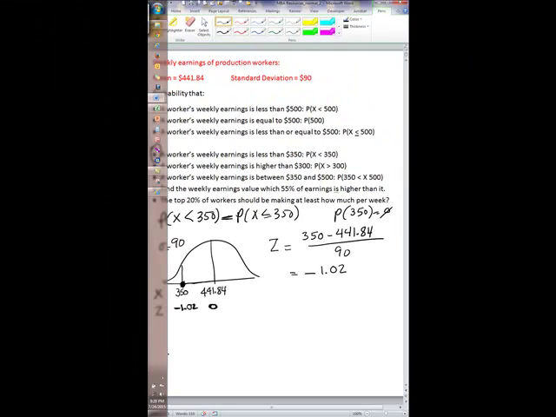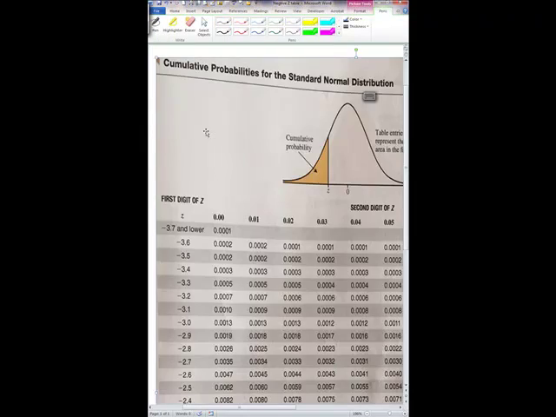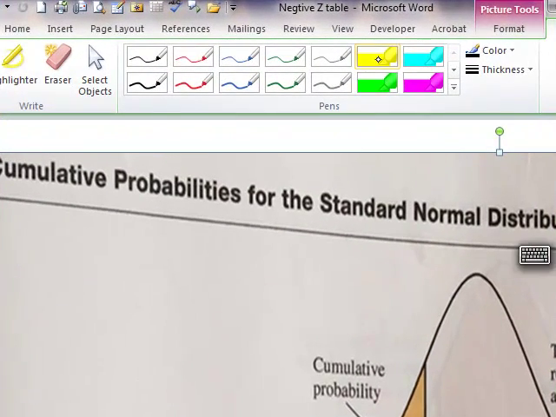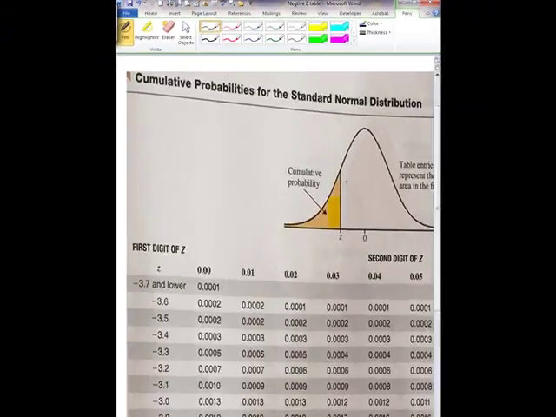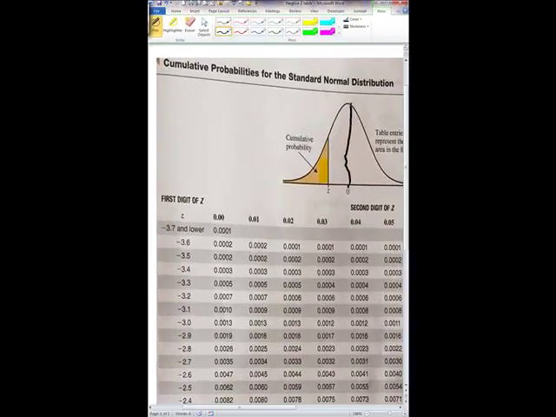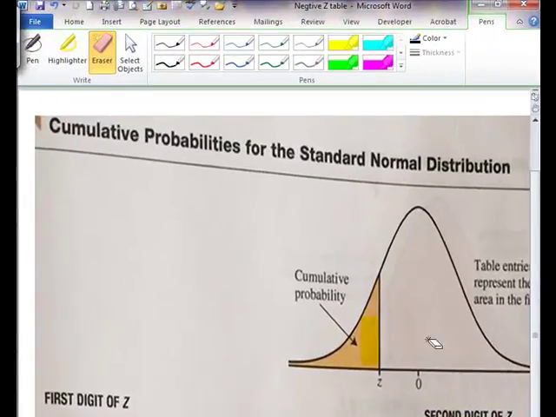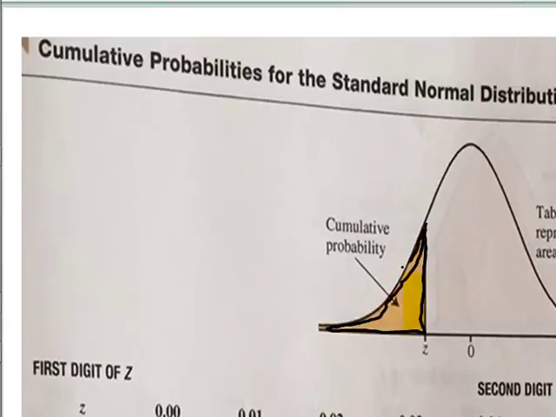Going to the negative z table, where the negative z values are listed, notice that the mean is right here, and the z values that are listed in this table are values to the left of the mean, and therefore the area associated with them is going to be this left tail, or in other words, these numbers are going to be less than 0.5.